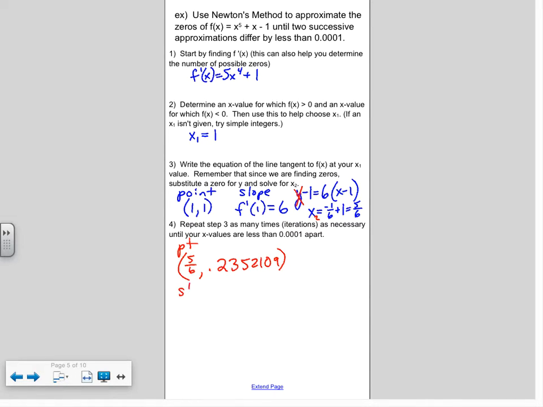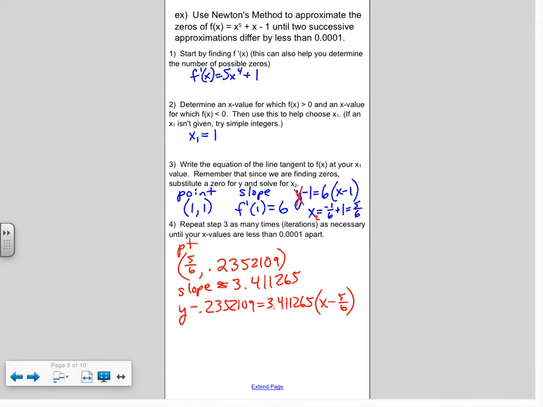Our slope is 5 times 5/6 to the 4th plus 1. So we end up with a slope of around 3.411265. So our equation now is y minus 0.2352109 equals 3.411265 times x minus 5/6.